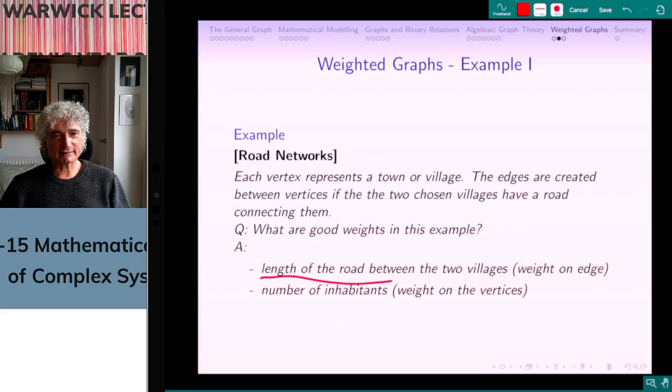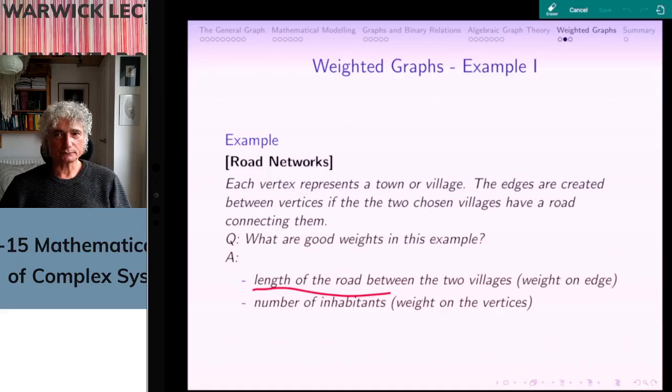In this case, you have the length of the road and the number of lanes, and this record set would be something like the Cartesian product of R times the set from 1 to 3, which is the number of lanes.